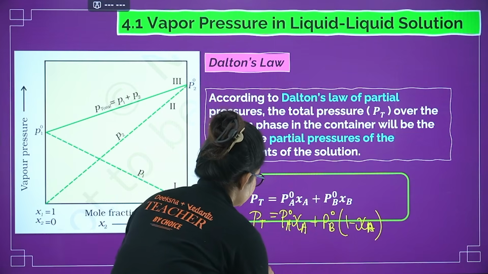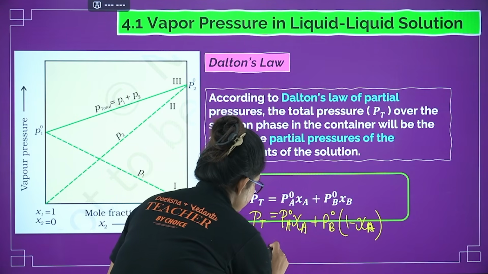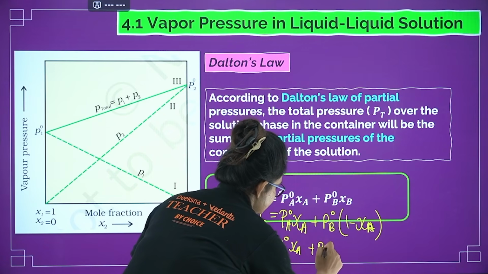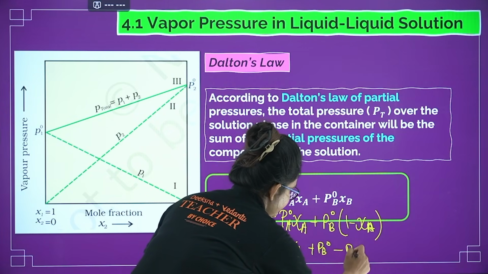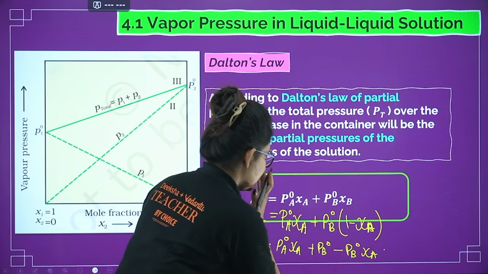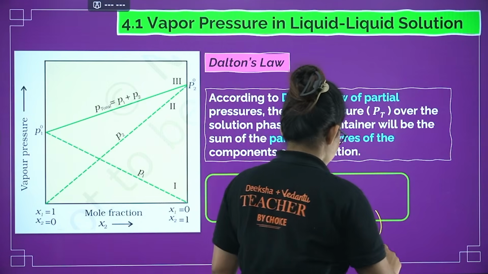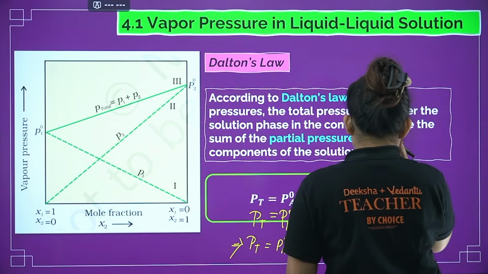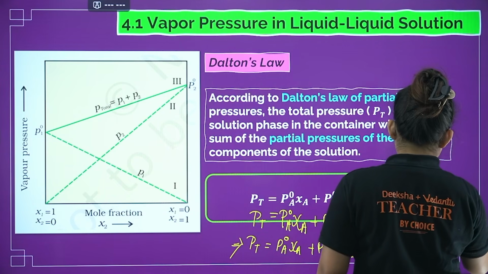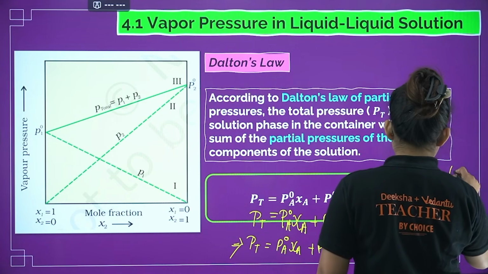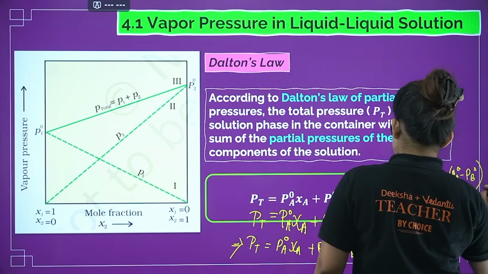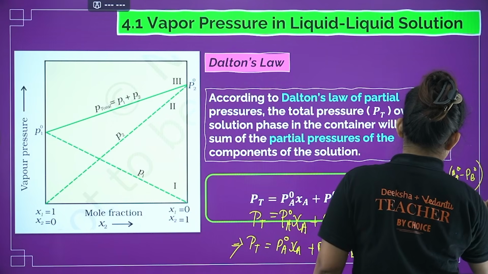From here I can get PT equals PA0 of XA plus PB0 minus PB0 of XA, right? So now from here I can take XA as common. So PT equals XA times (PA0 minus PB0), plus PB0, right?